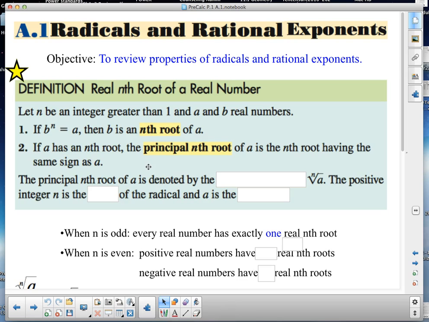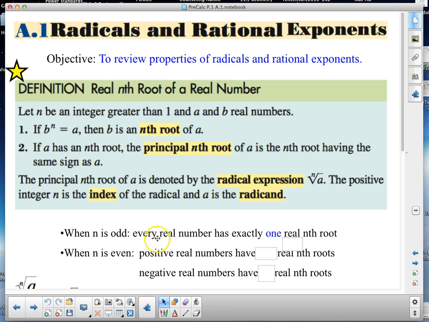So if a is positive, so is the principal nth root. The principal nth root of a is denoted by the radical expression, the nth root of a, where n is the index. The positive integer n is the index of the radical, and a is the radicand.